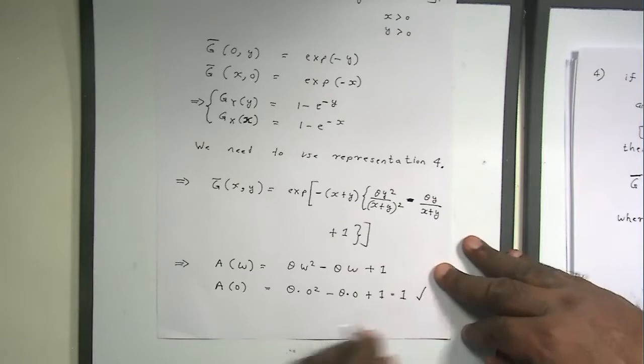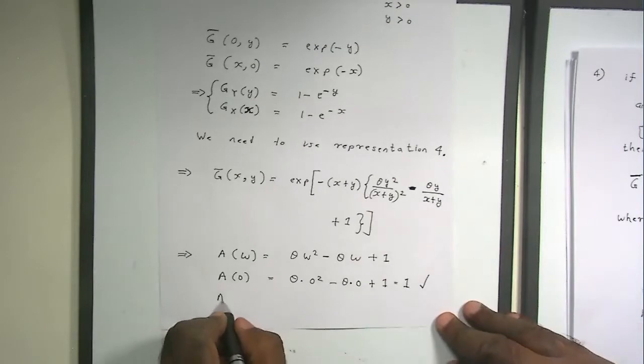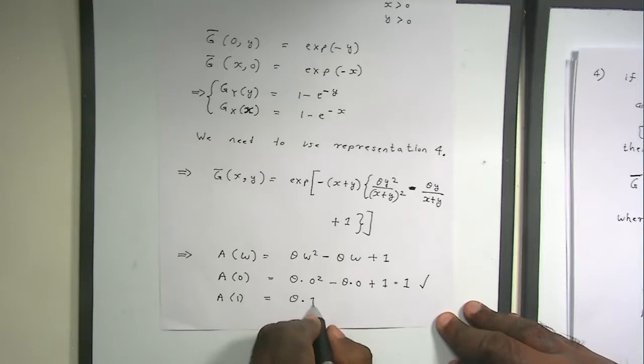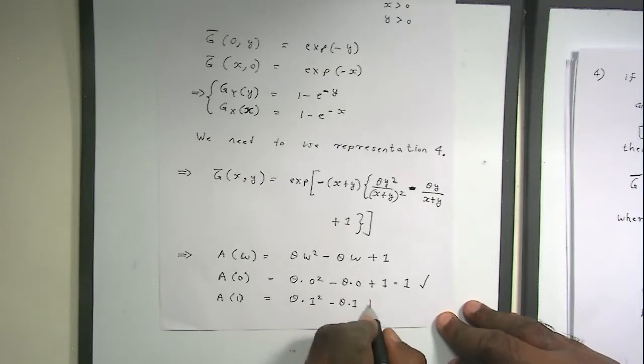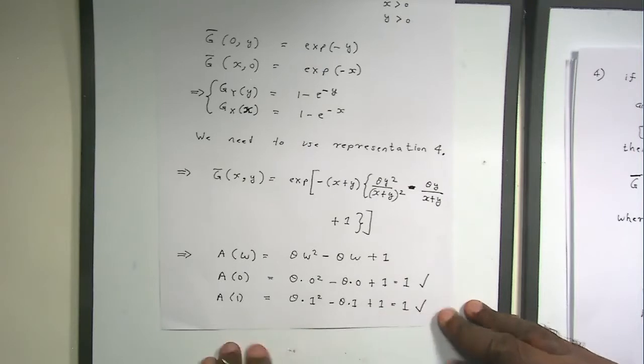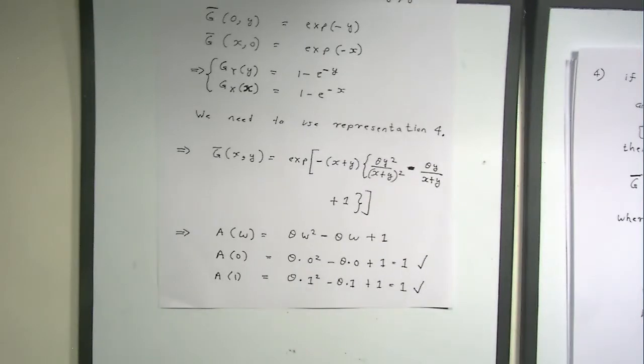So therefore it is satisfied. A of 1 is theta times 1 squared minus theta times 1 plus 1, which is also equal to 1. So it is satisfied. Okay, guys? So the first 2 conditions are satisfied.